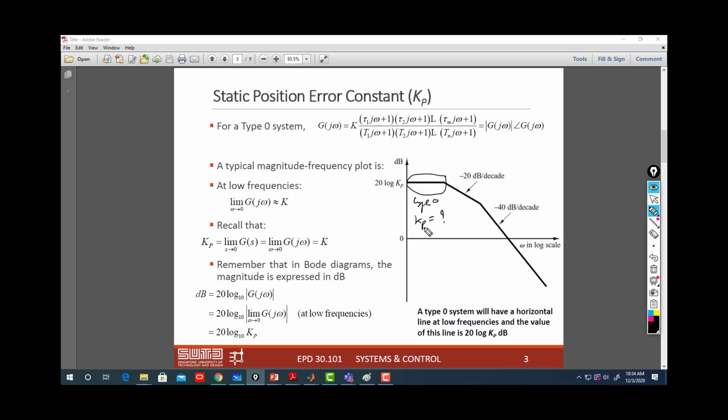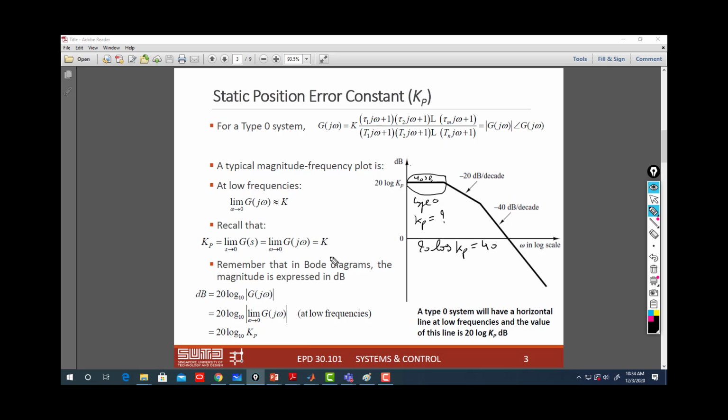You tell me I can find Kp by looking at, assuming here you have 40 decibel. So you will tell me I can find Kp by taking 20 log Kp equal 40, if this is 40. So 20 log of Kp equal 40, so you can know the Kp for your system.